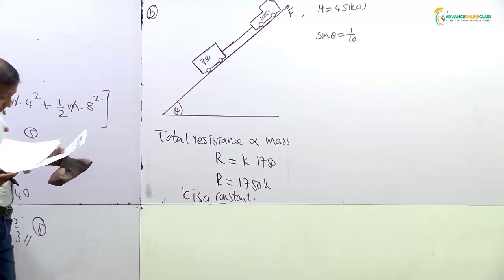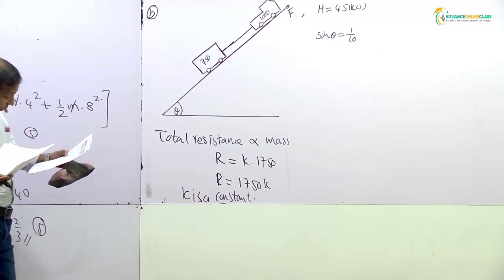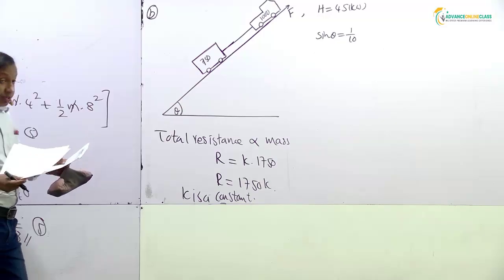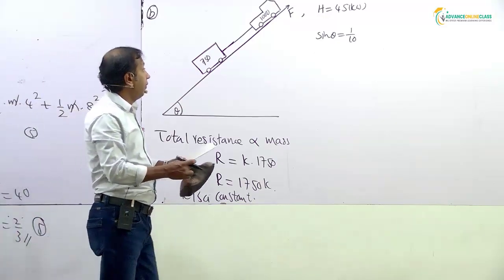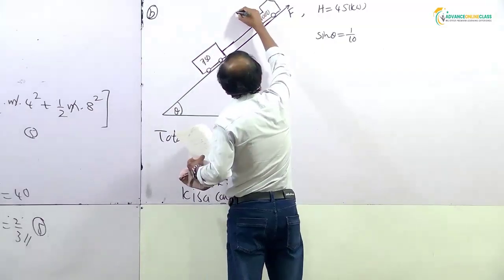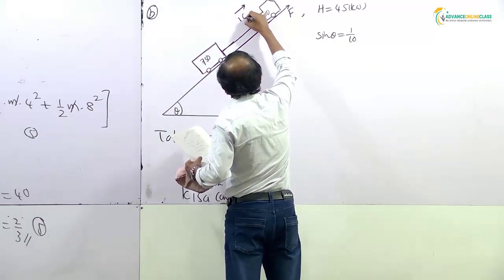Now we are given that the system is moving with an acceleration of 1 meter per second squared, and the system moves with a velocity of 36 kilometers per hour. We are given acceleration 1 m s minus 2.